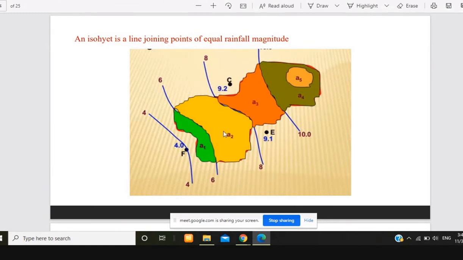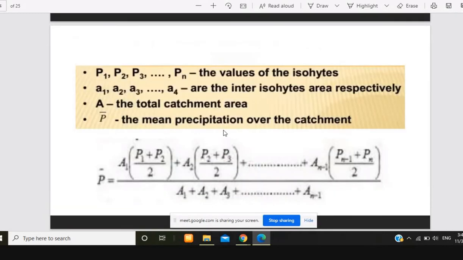So when we take the mean precipitation, we have to take the average of the precipitations influencing a particular area, then sum it up and divide by the total area, and we will get the mean precipitation. So for area A1, we will have two values of precipitation, that is (P1 plus P2) by 2 into A1, plus A2 into (P2 plus P3) by 2, plus etc., divided by the total area. Thus we obtain the mean precipitation under the isohyetal method.